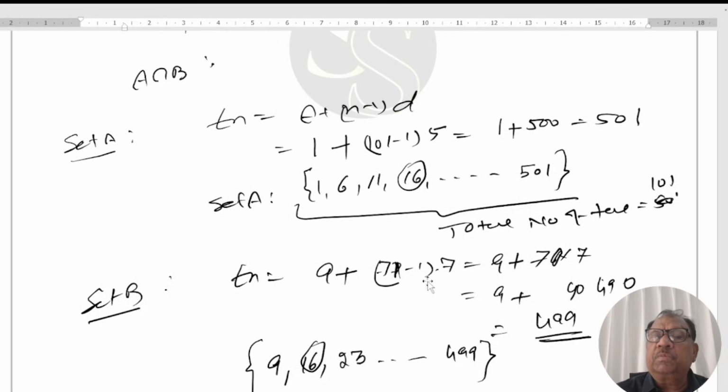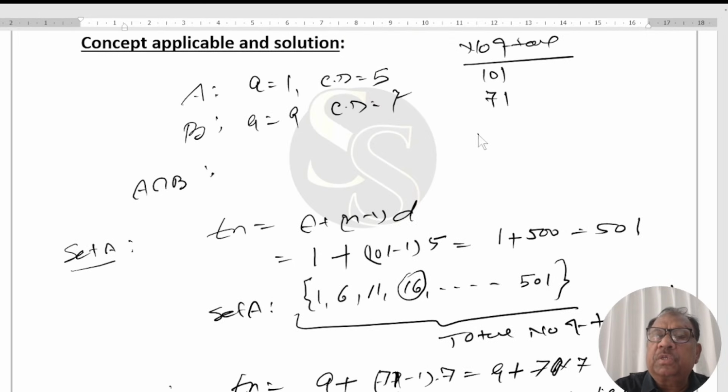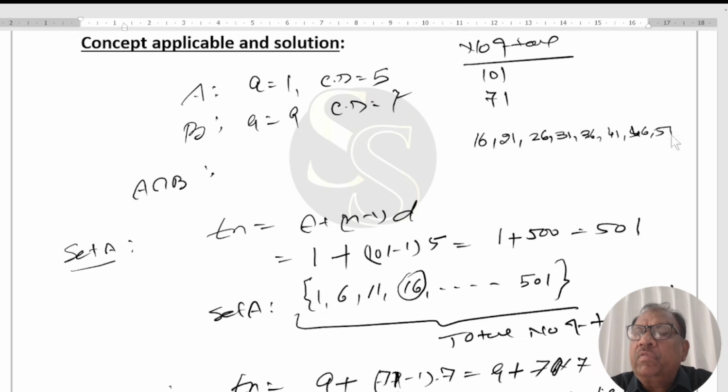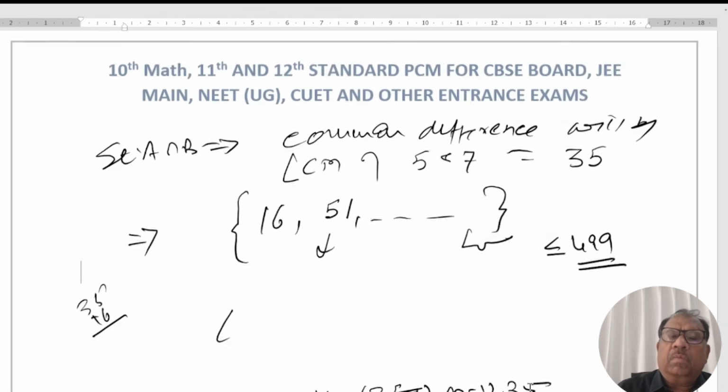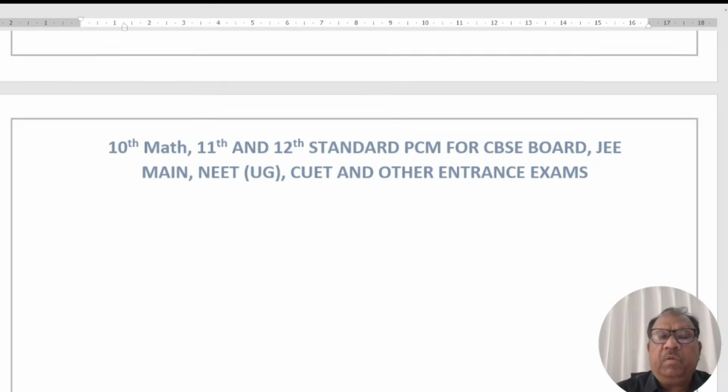Starting from 16 and adding the common difference 5: 21, 26, 31, 36, 41, 46, 51. The first element will be 51.